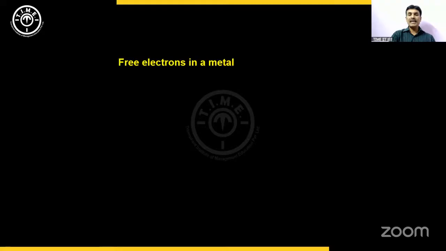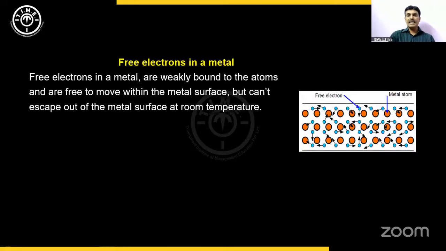So first we need to know about the free electrons in metals. See, metal contains many electrons, and the electrons that are weakly bound to the atoms can move throughout the material, and upon supply of sufficient energy, these electrons can be pulled out of the metal.